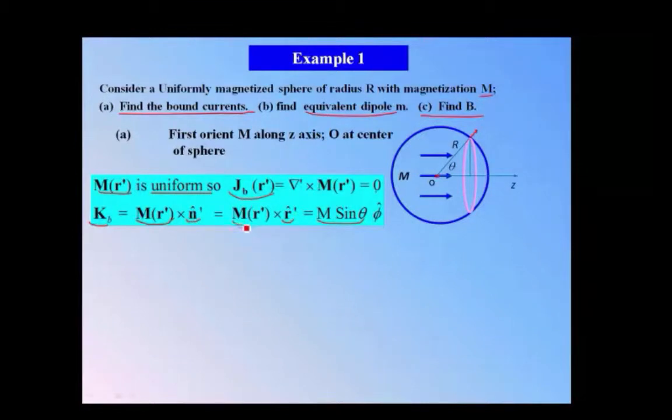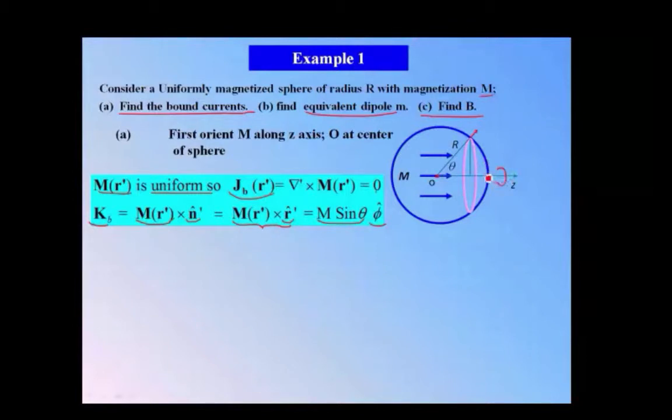Remember that the cross product is always proportional to the sine of theta. The length of this is 1, and so that's why we just have M sine theta. The direction of that vector, if we look at the relative directions of these, is in the phi hat direction. If you look up here, the phi unit vector gives us a circle if we just let it go around the sphere.